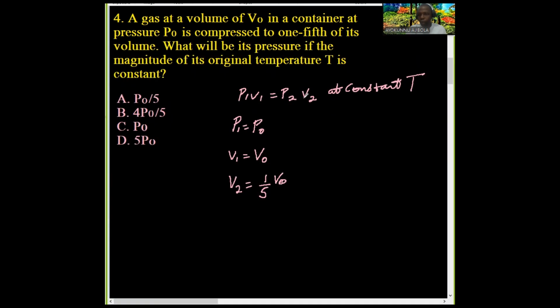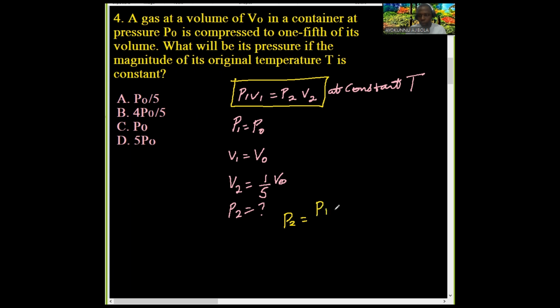We're looking for P2 now, because we have P1, V1, and V2. Now P2 is unknown. So if we make P2 the subject of the formula, we have P2 equal to what?